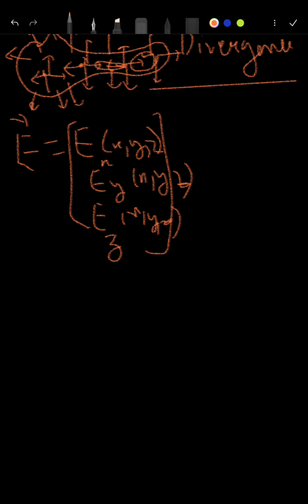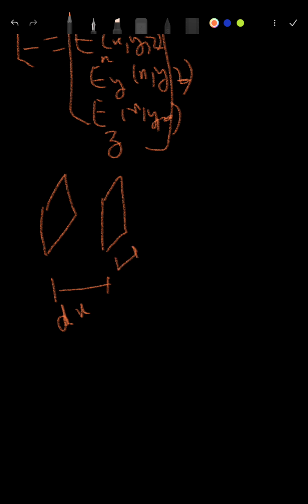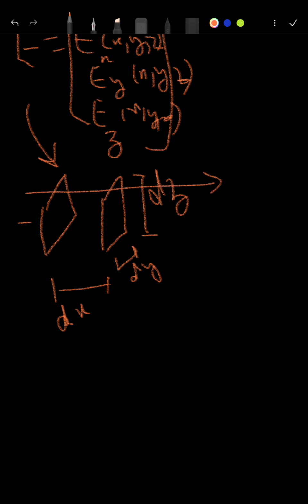So if we look at a differential volume, let's say this is dx, the differential, this part the dy and the dz, this is the differential element and a field passes through it.